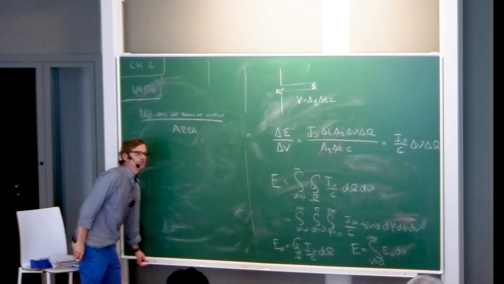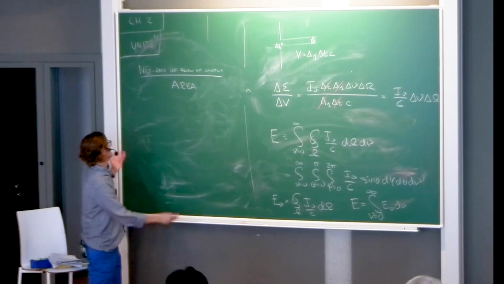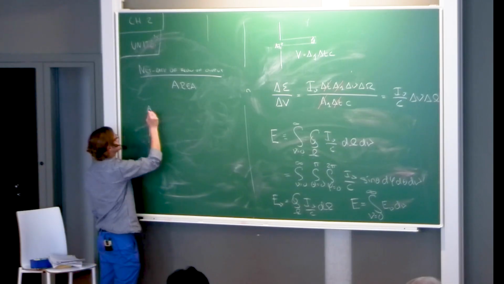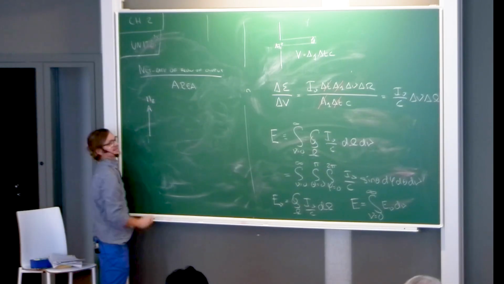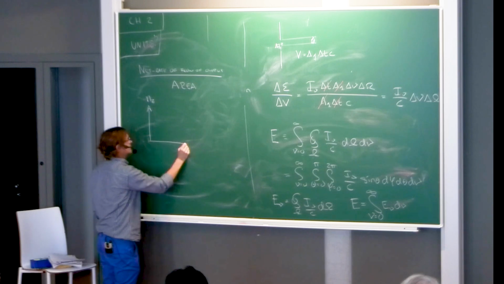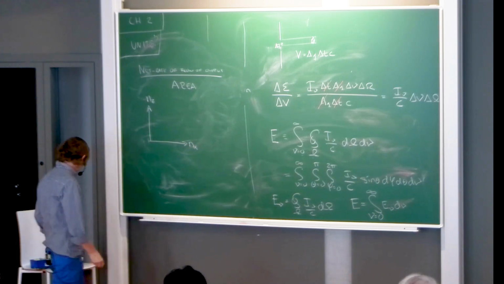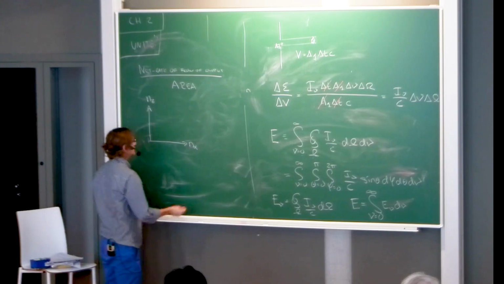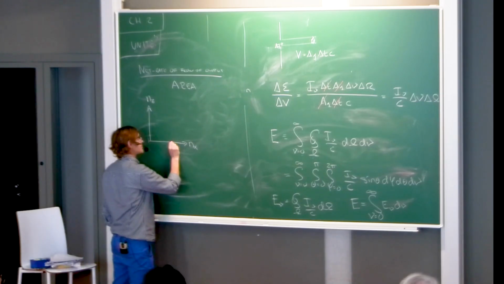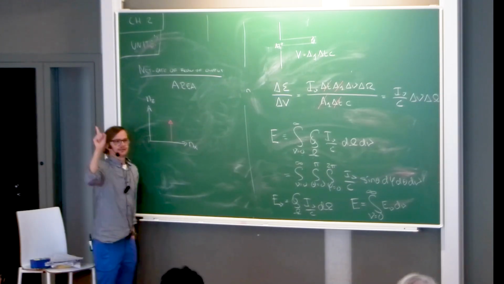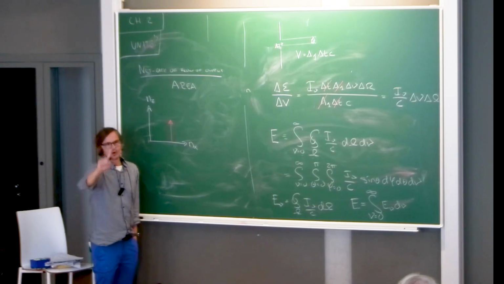Pictorially, you can think that, okay, we have something like, now I'm going to put this NC, and this would be something like NX, yeah? And now we have a bundle of rays, one bundle with a magnitude 1.